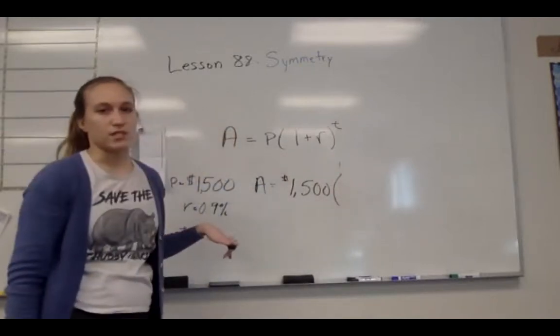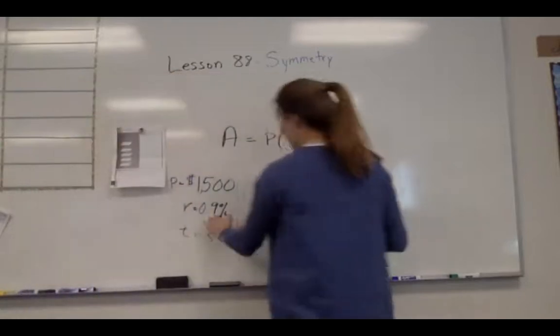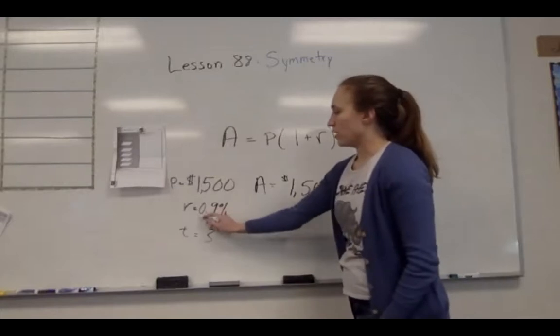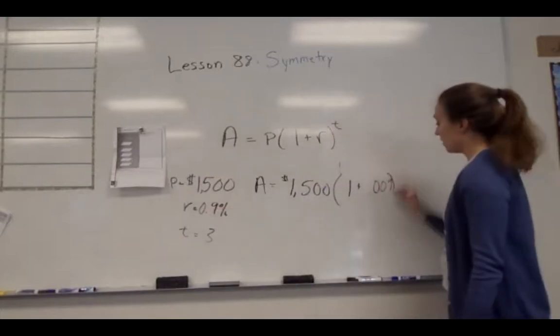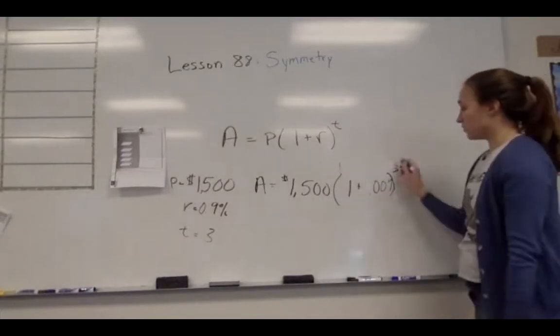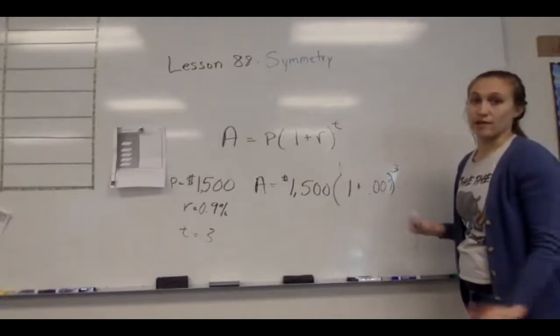Remember, I think we missed this a couple times in the other one that we did. I'm going to do 1 plus, you have to move your decimal point, so it's going to be 0.009. Do that first, and then your time, to the third. You can use your calculators on that because you need to.